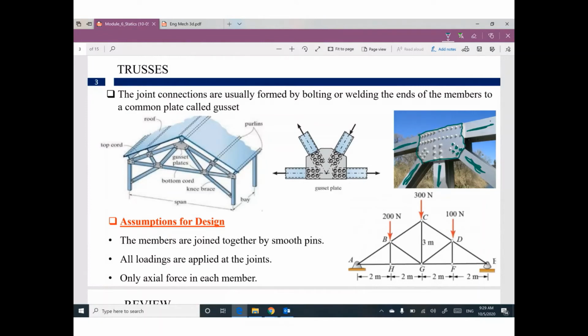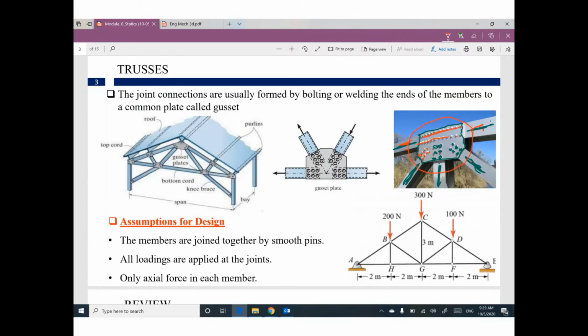The gusset plate is connected to the vertical member by these rivets, and also connected here by these rivets, and connected to this member by these rivets. So finally, you can find all of these members connected together at this location, or at this joint.